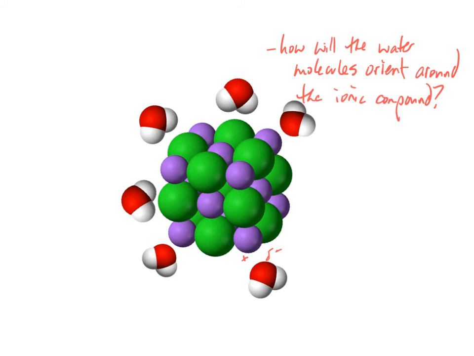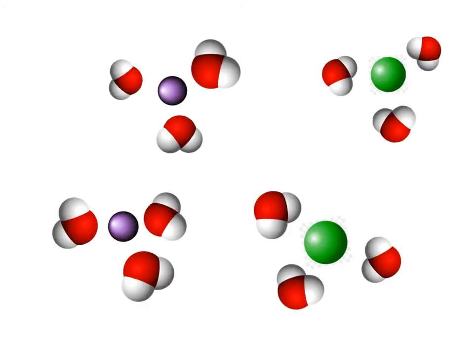Part of it has to do with the structure of that crystal, those ions being closer together. And this is the final result. When the ion-dipole attraction between the water molecules and the ions in the ionic compound runs its course, think about what happens if you put that salt in the water and mix it around: all the while, the water molecules are pulling ions off of that crystal and evenly spreading out inside that mixture.